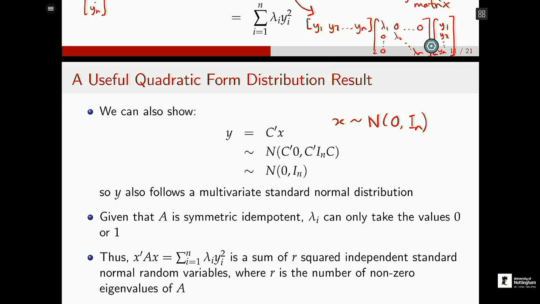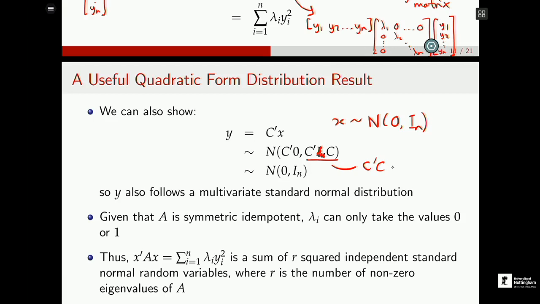The variance covariance, we start with I, we pre-multiply by whatever we're multiplying X by, C transpose in this case, and post-multiply by the transpose of it. Well, the transpose of C transpose gets us back to C. So we've got a C at the end there. The identity can be suppressed because it's multiplying other things. And you can see then that the variance covariance is C transpose C.